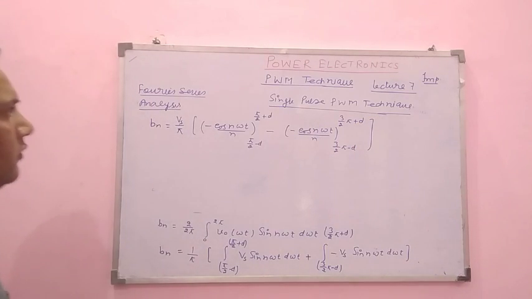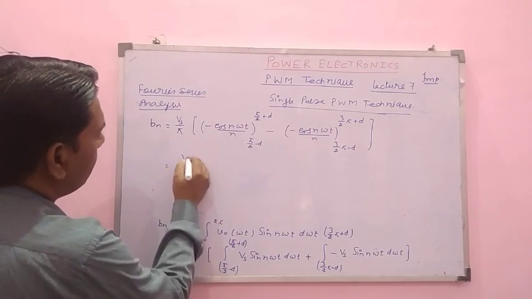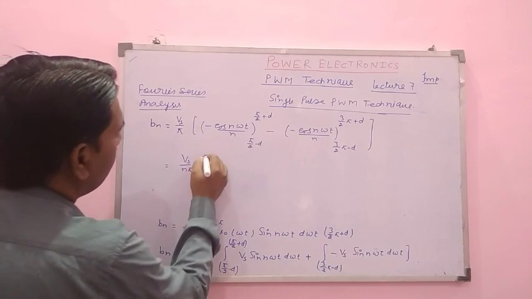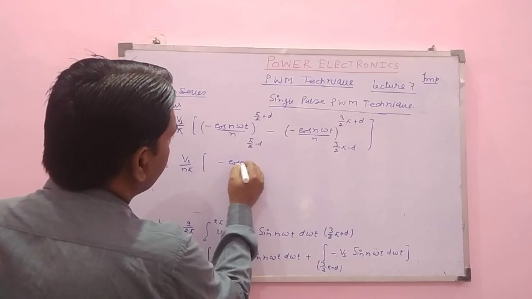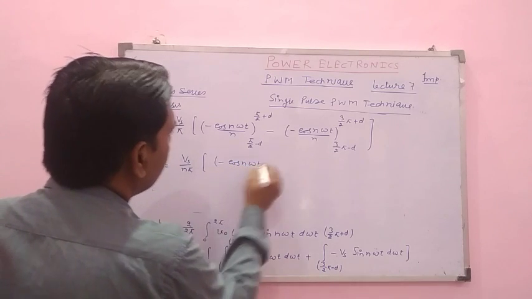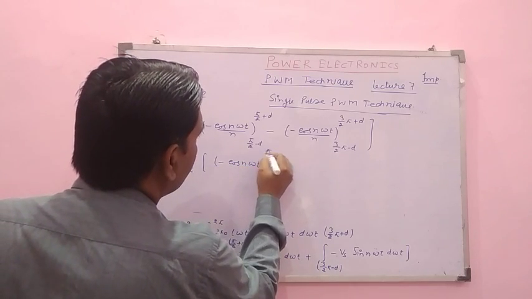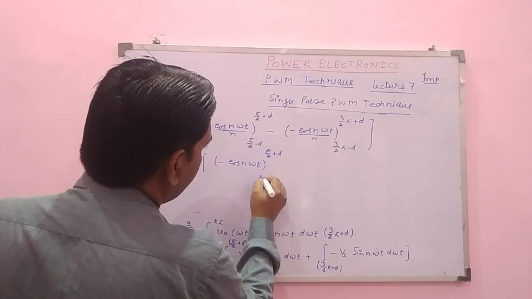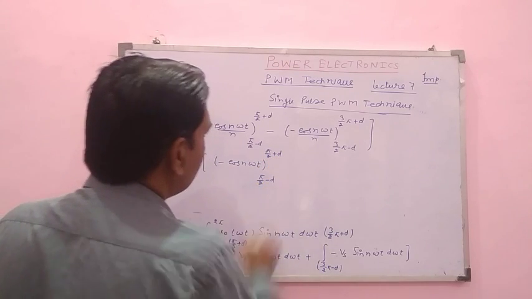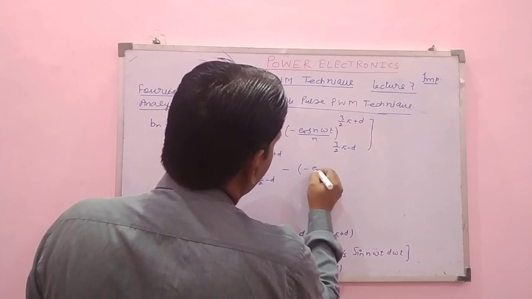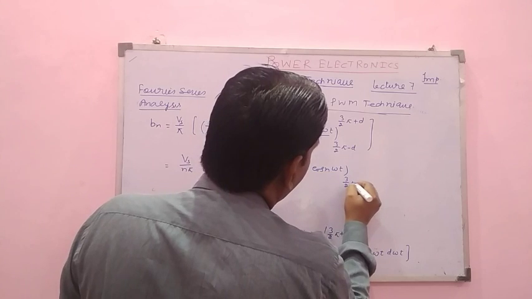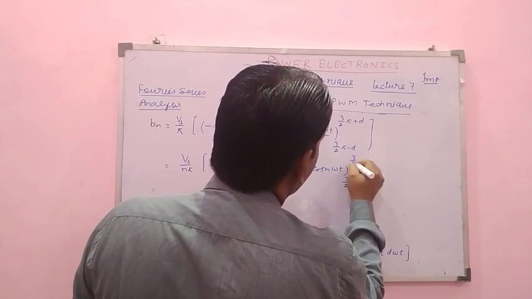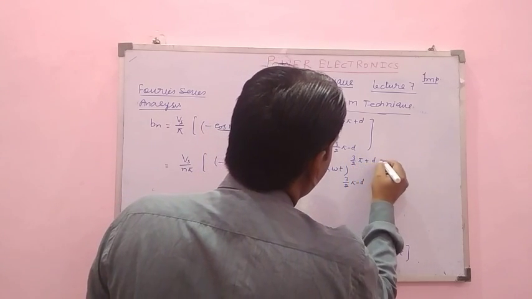Okay, so here it will be Vs upon n pi, and it will be minus cos n omega t, upper limit pi upon 2 plus d, lower limit pi upon 2 minus d, minus, this is minus cos n omega t, 3 upon 2 pi minus d, upper limit is 3 upon 2 pi plus d.